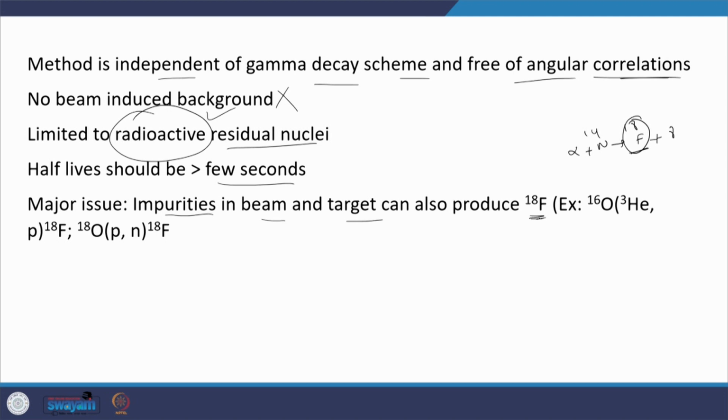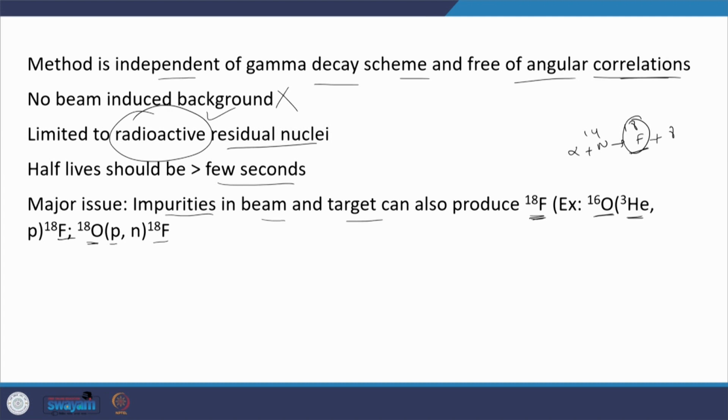But this fluorine 18 also can be formed because of contaminants like oxygen 16 plus helium 3, and proton and oxygen 18. These contaminants can be present within the target material and the beam, and the same residual nucleus is formed, and how to differentiate is extremely difficult. So, one has to be careful while using the activation method about what contaminants can hamper our nuclear reaction.